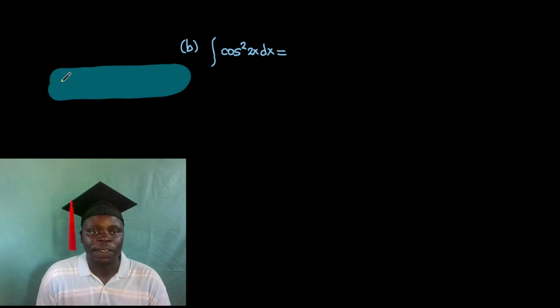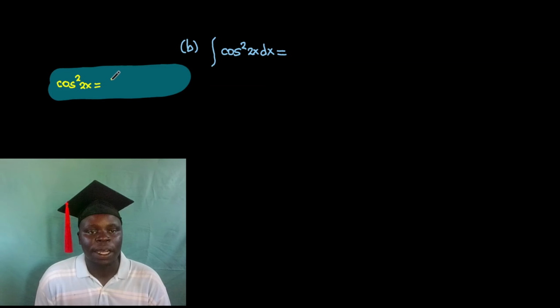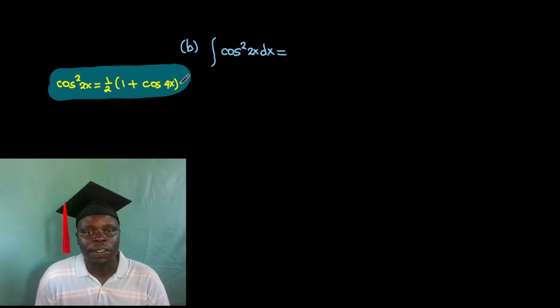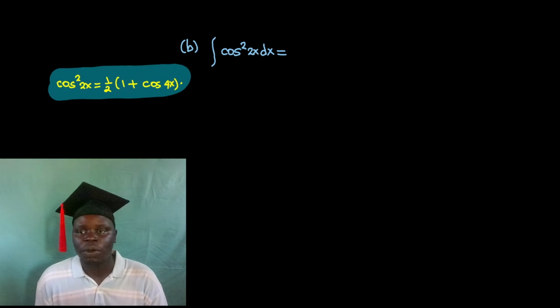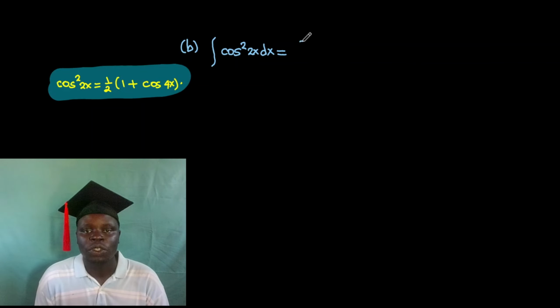For cosine, cos square twice x is given by 1/2 into 1 plus cosine, and we reduce the power to 1 and double this angle to 4x. This is what we will use to substitute in our question, so let's move on to do exactly that.